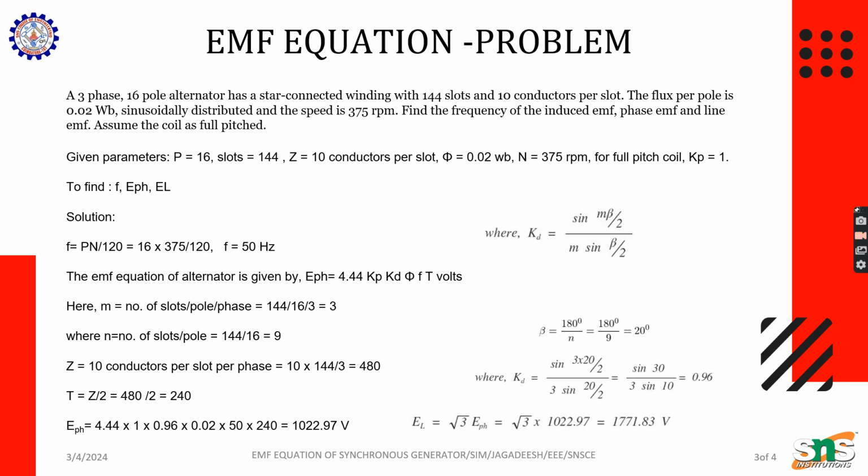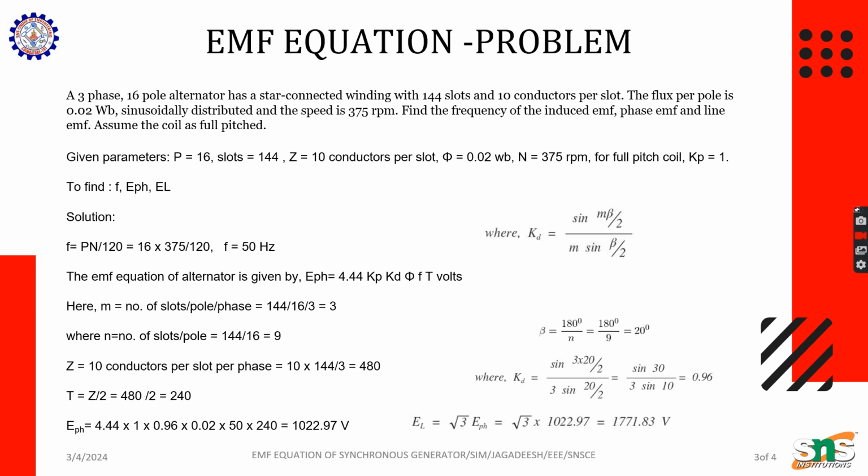Now we are going to calculate certain things required for the distribution factor. In the distribution factor, we have to determine the m value and also the beta value. The n can be calculated using the formula for the number of slots per pole.